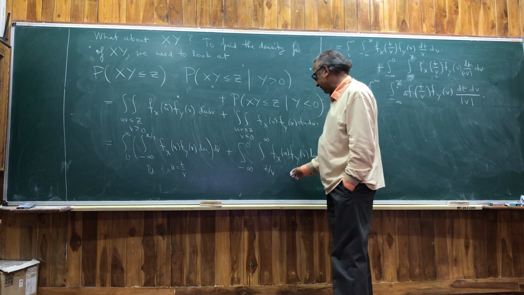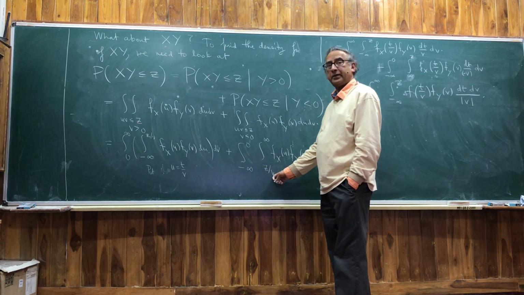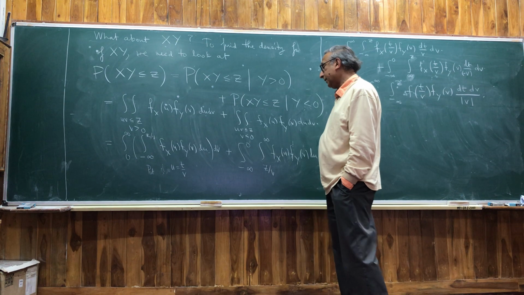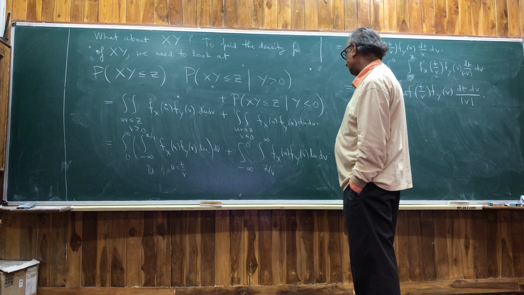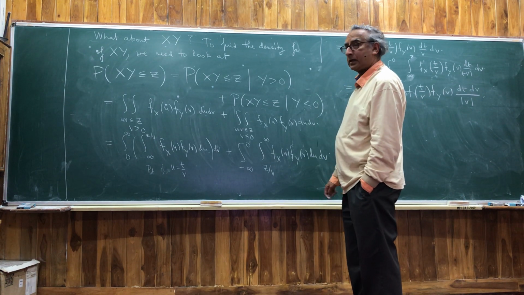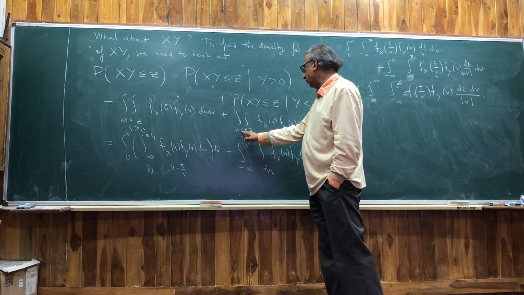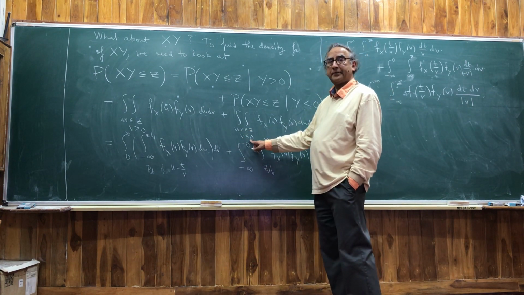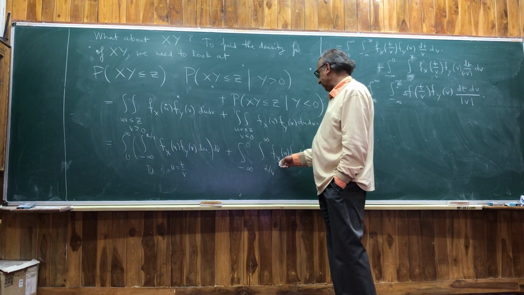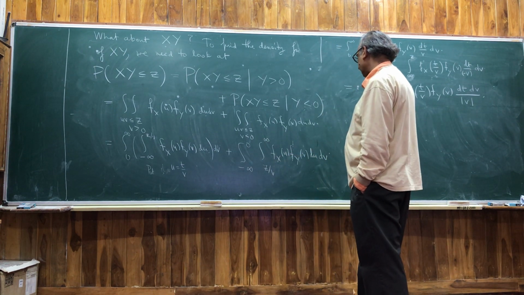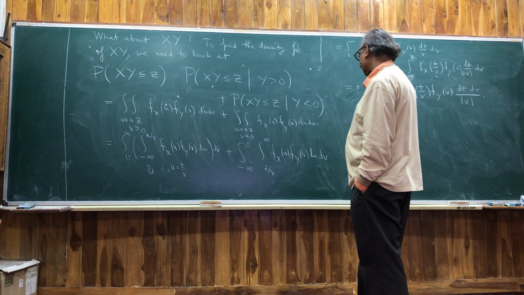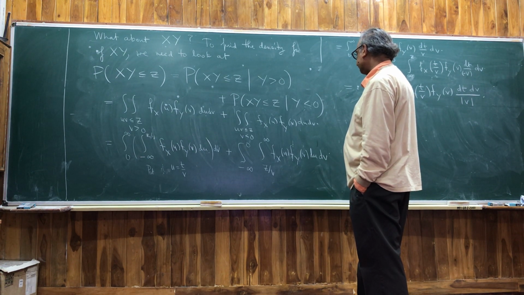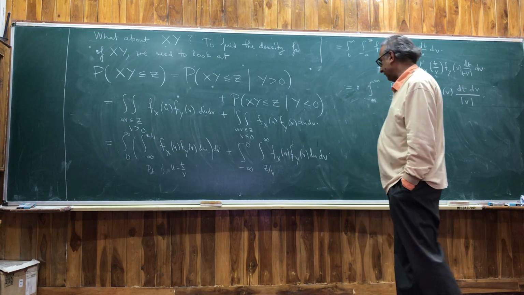Is that correct, you're saying? u is bigger than z over v, right? From here, yes, because v is negative. So z over v to infinity. So u is therefore bounded by z by v, because v is negative.